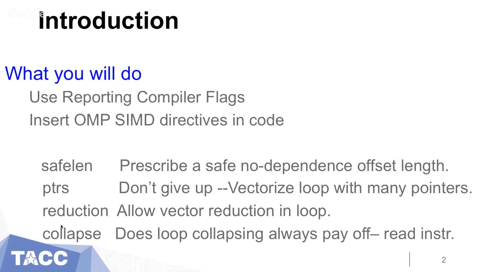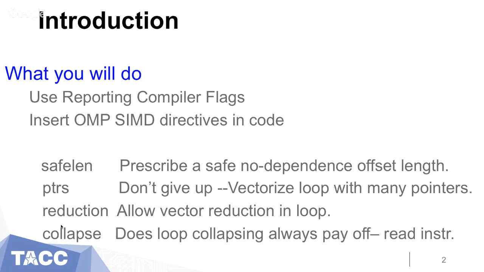With pointers, you'll see that if you have too many pointers in a loop, the compiler just gives up, but you can force it to keep going and vectorize the loop. Then there is how to do reductions in the reduction directory, and then collapsing loops.